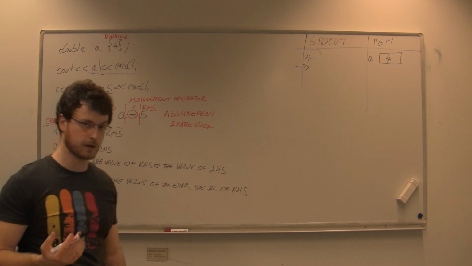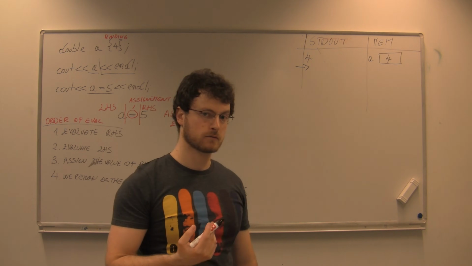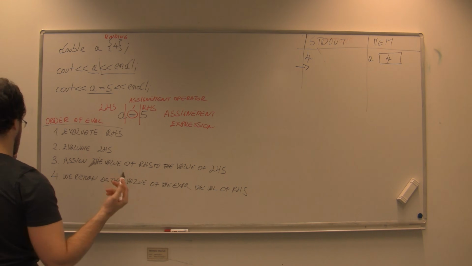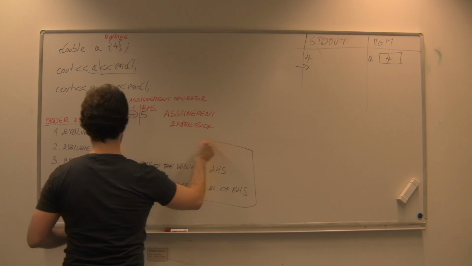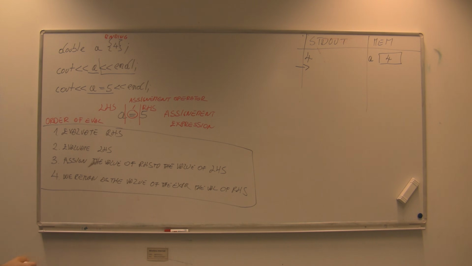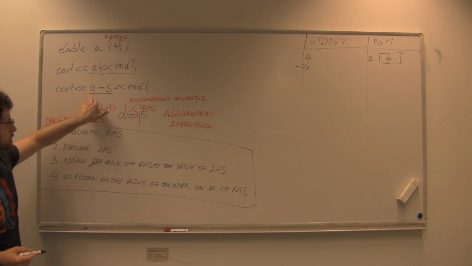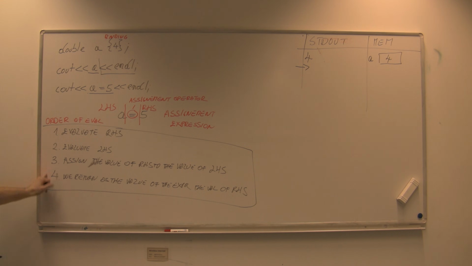Because if you remember, every expression has to have a value. That's the only meaning of an expression. And now we will evaluate this expression here using these 4 steps.